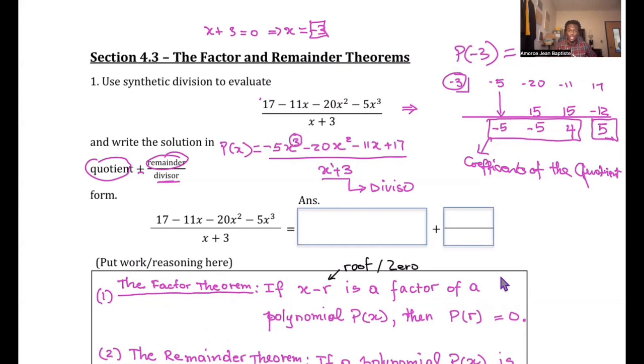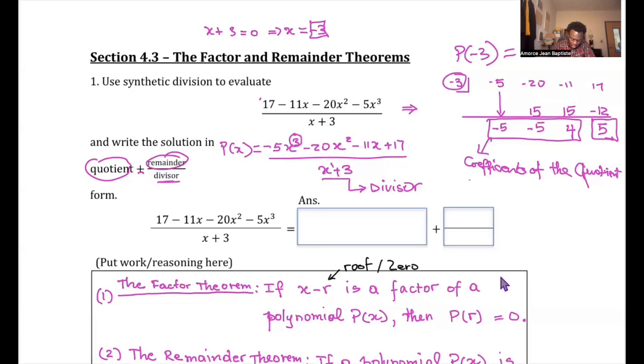To get the highest degree of the quotient, we subtract the degree of the divisor from the degree of the dividend.